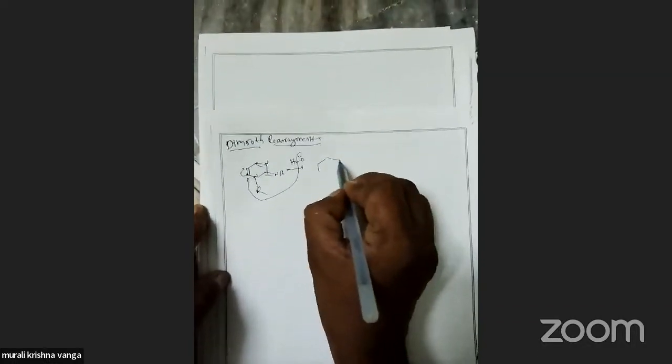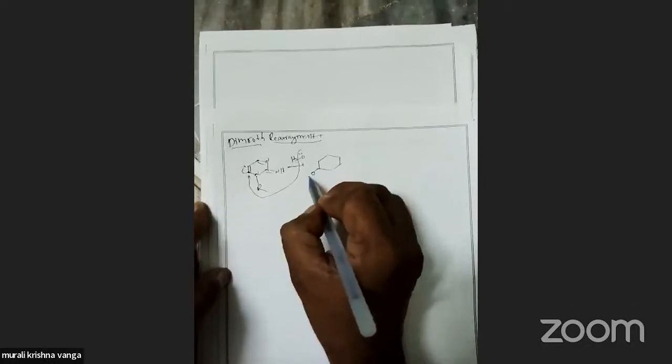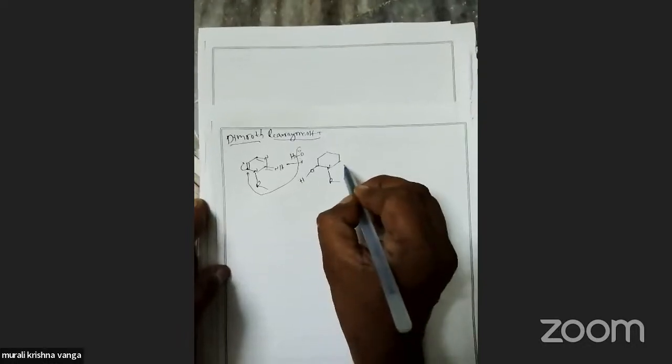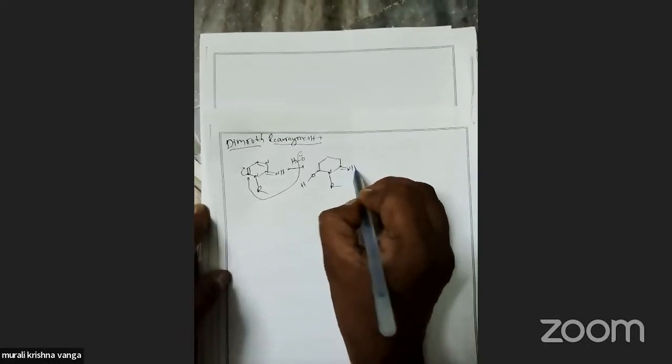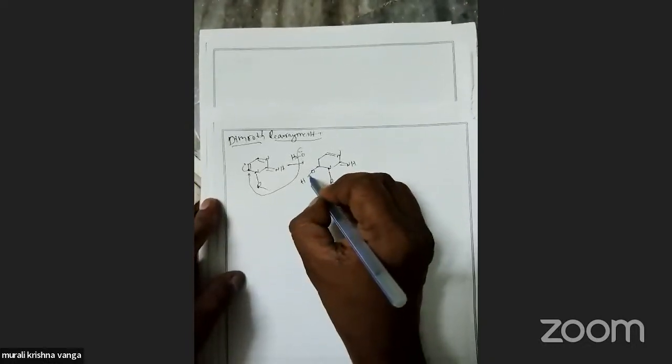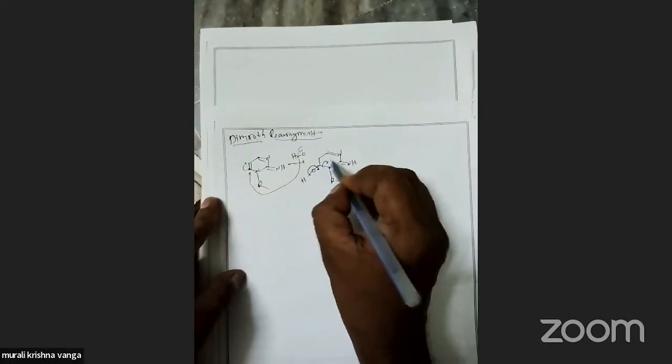Then the product is O minus, OH, NR, double bond NH, N. It is involved in ring opening.